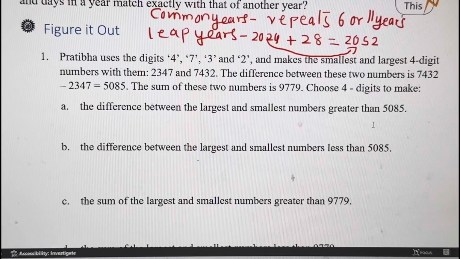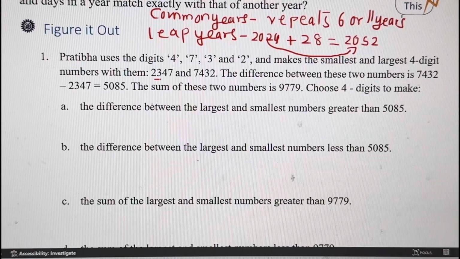Now let us try to solve this Figure It Out exercise which is given on page number 64. There is a question given over here. Pratibha uses the digits 4, 7, 3, 2 and makes the smallest and the largest 4-digit number. The smallest is 2347 and the largest is 7432.